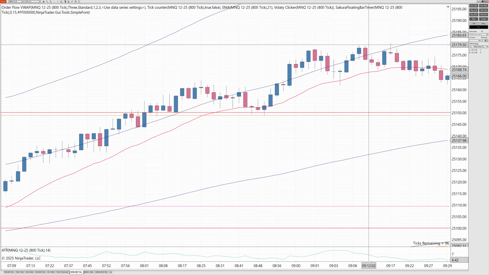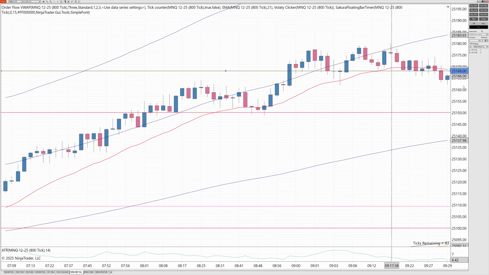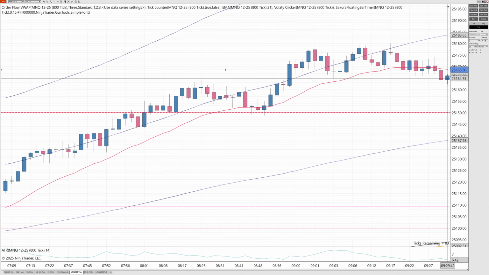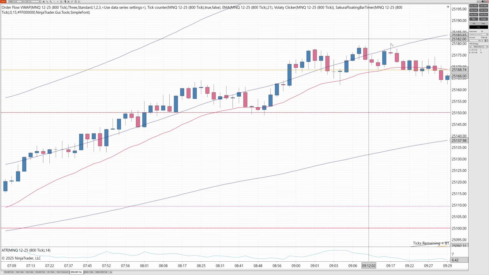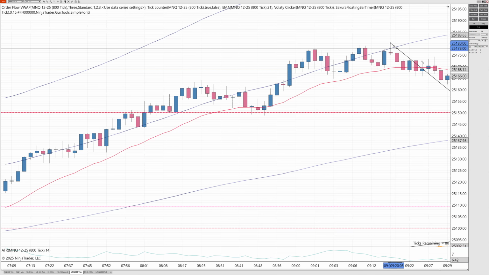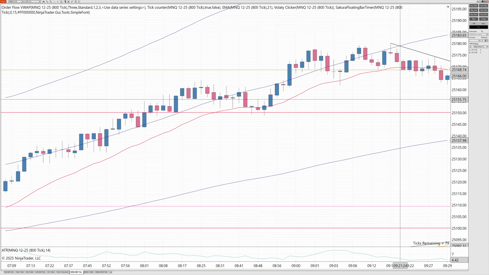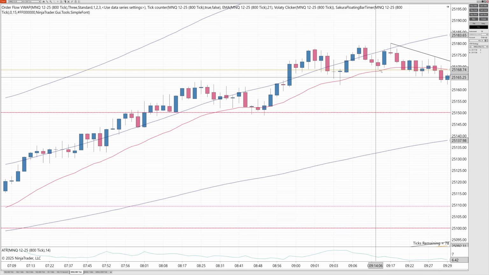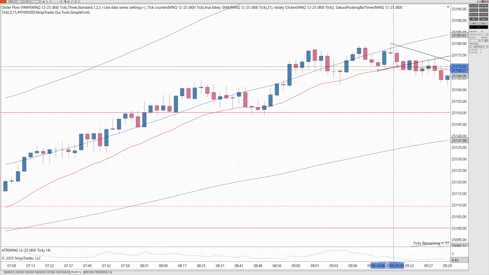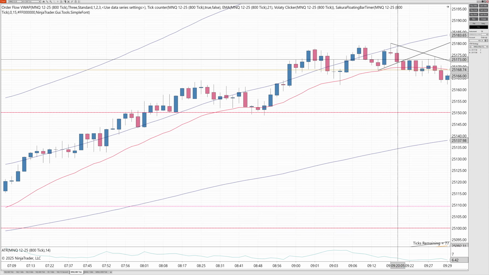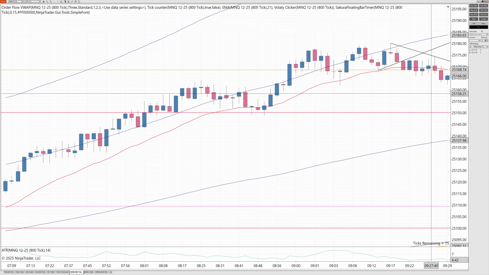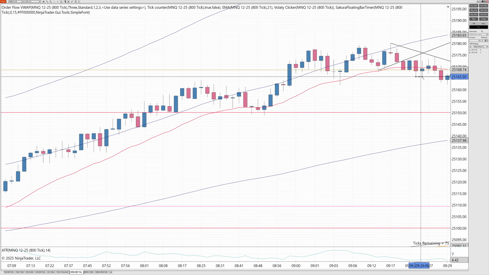I believe, yeah, let's start here. This is right before 9:30 open. I'm gonna go ahead and put my trend lines real quick. This was a bearish trigger, but it stopped out.